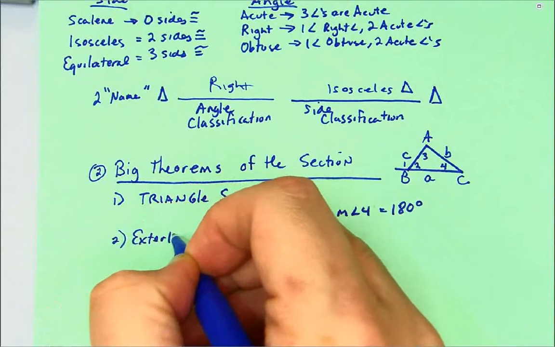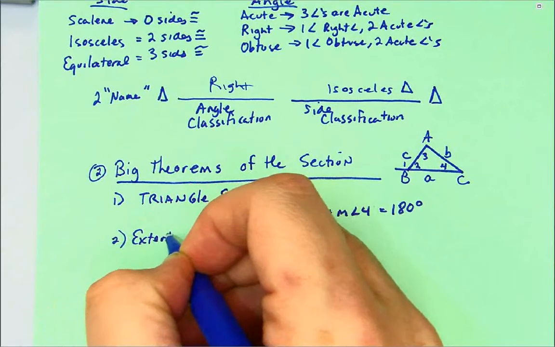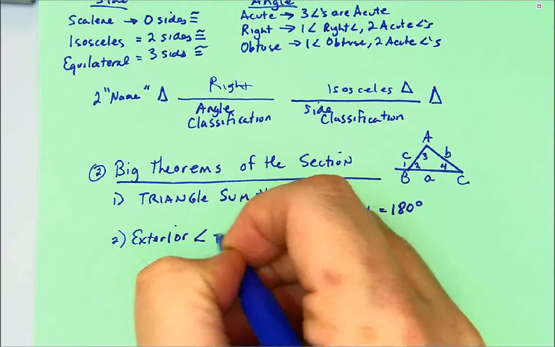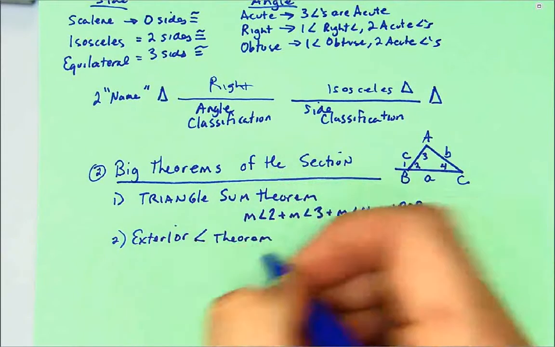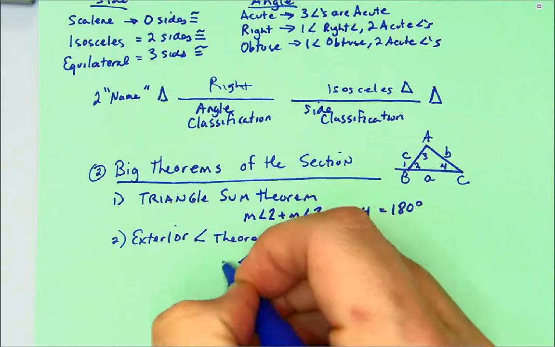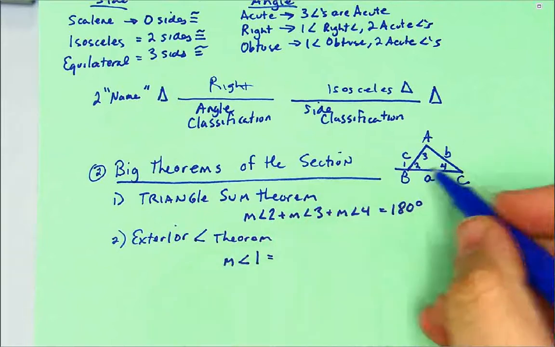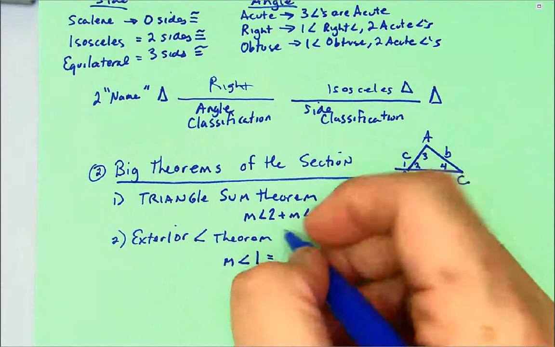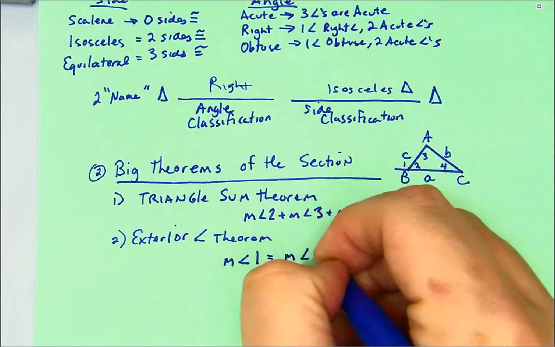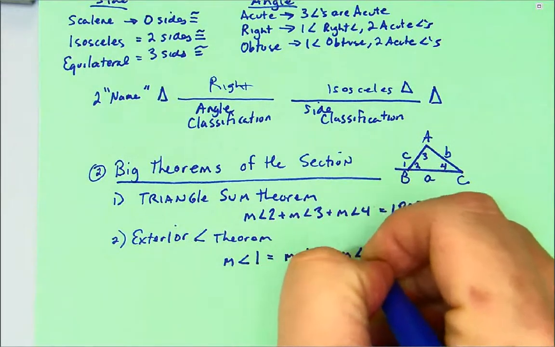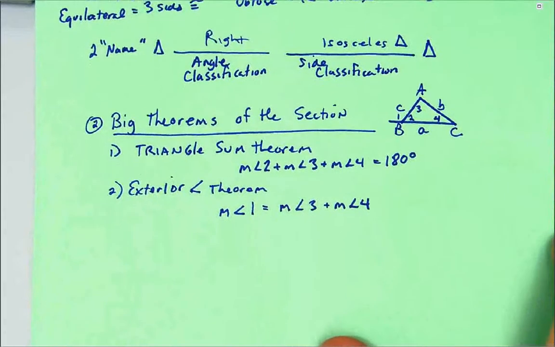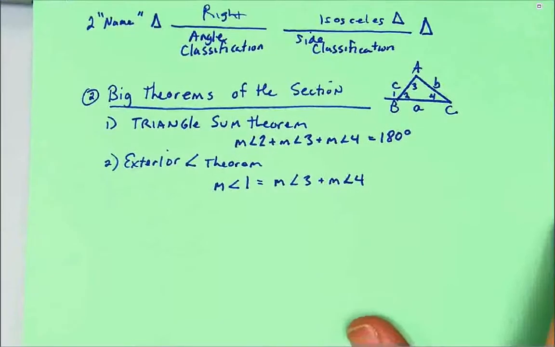This is a big one that we'll always use. The exterior angle theorem. It says that the measure of angle 1, this angle right here, is equal to the sum of the 2 angles that are farthest away. Measure of angle 3 plus the measure of angle 4. That's another big theorem that we'll end up using.